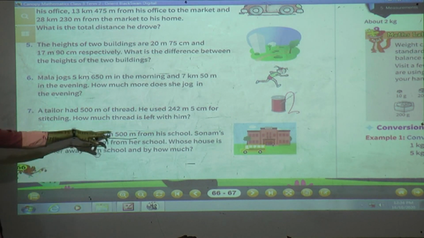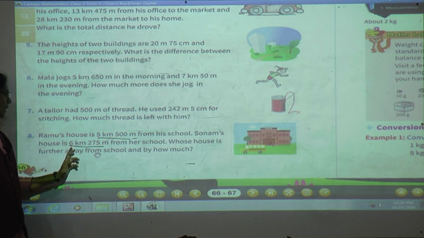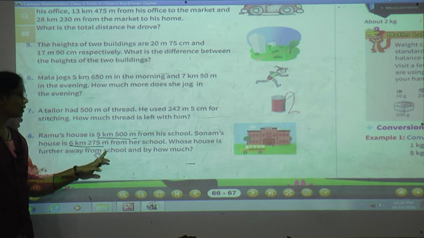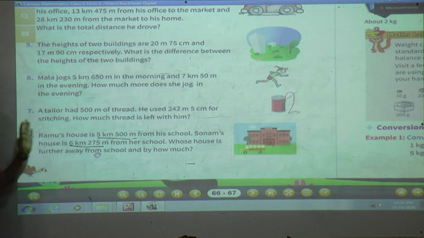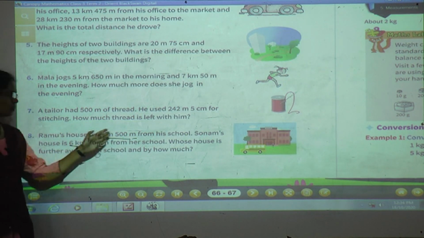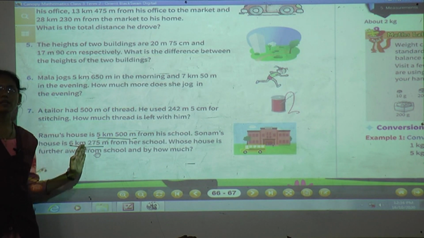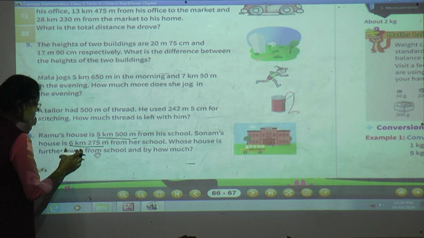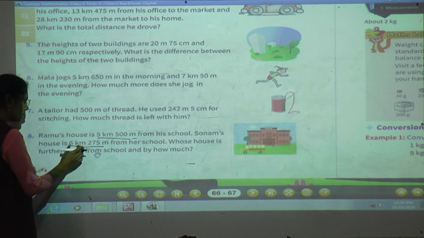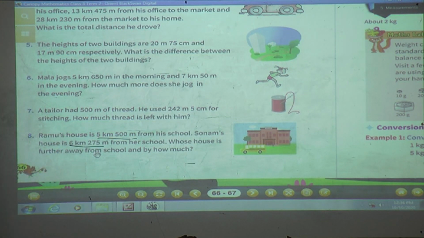Here 5 kilometer 550 meter and 6 kilometer 275 meter. Here two units you can see, that is kilometer and meter. Now in these two units, which one is greater? Kilometer is greater. So just you have to compare kilometers. Here 5 kilometer and here 6 kilometer is there. So which one is greater? 6 kilometer is greater. Means Sonam's house is further away from school.